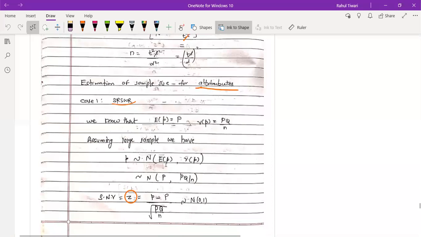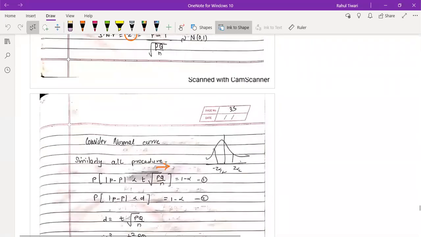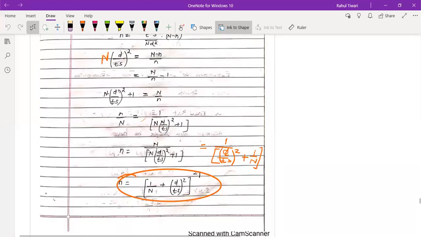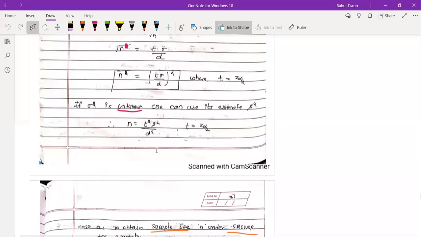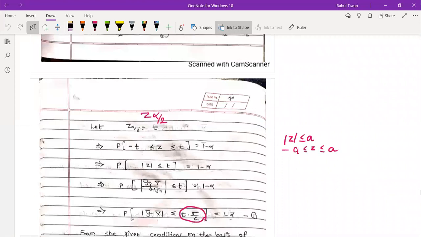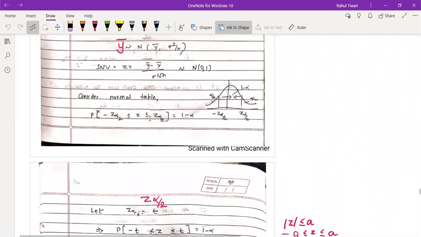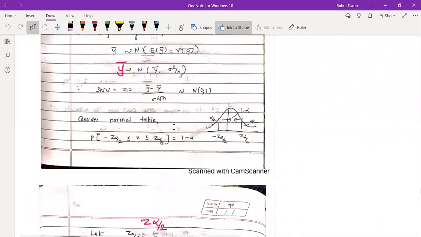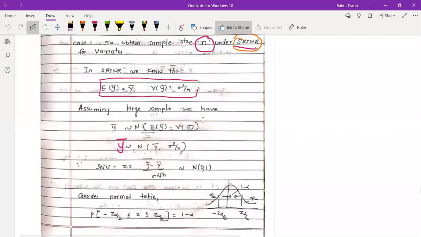Those concepts I have already told, so you need to understand only this first derivation. If you know this derivation properly, written 1-2 times, then in the whole derivation only the variance is going to be changed.